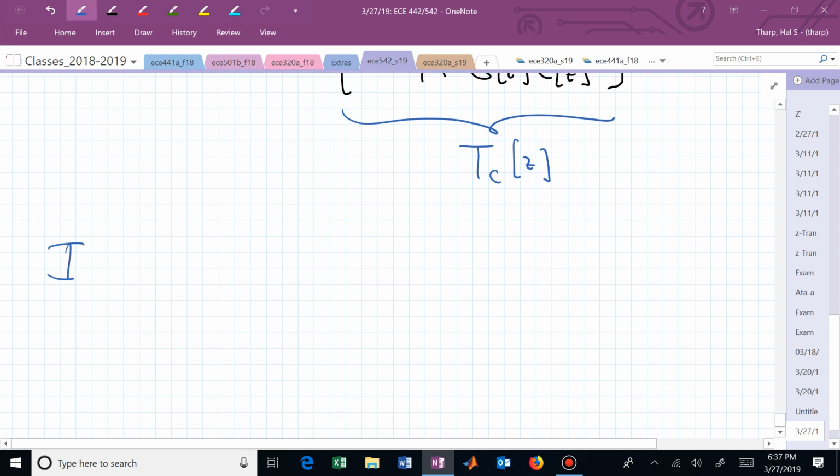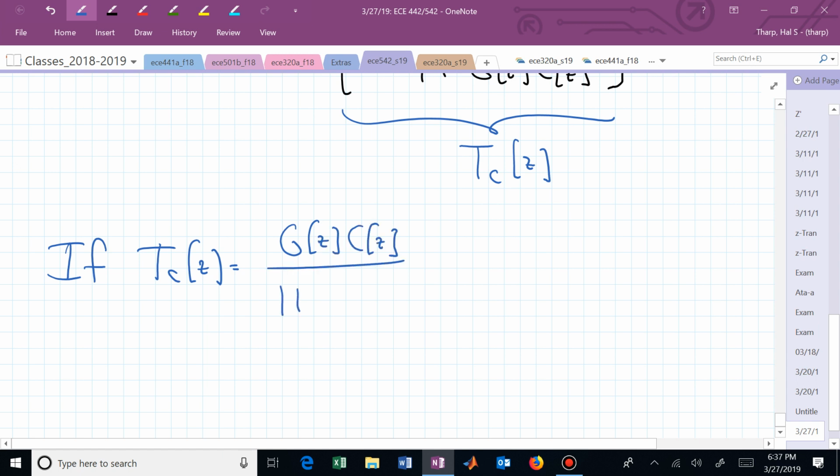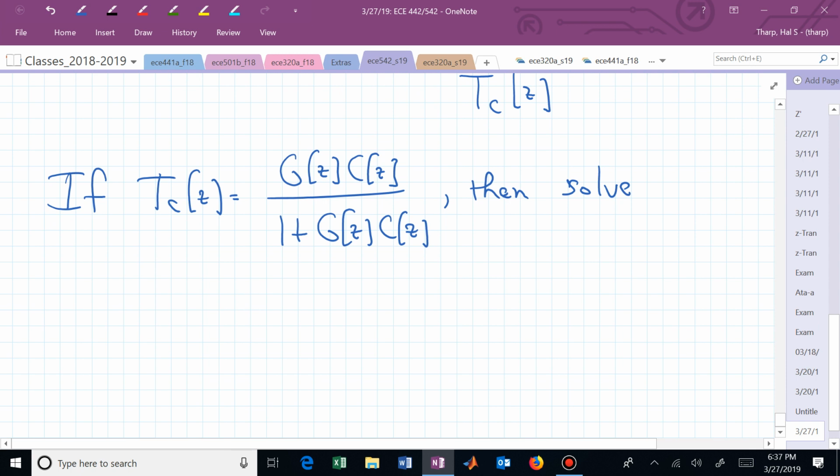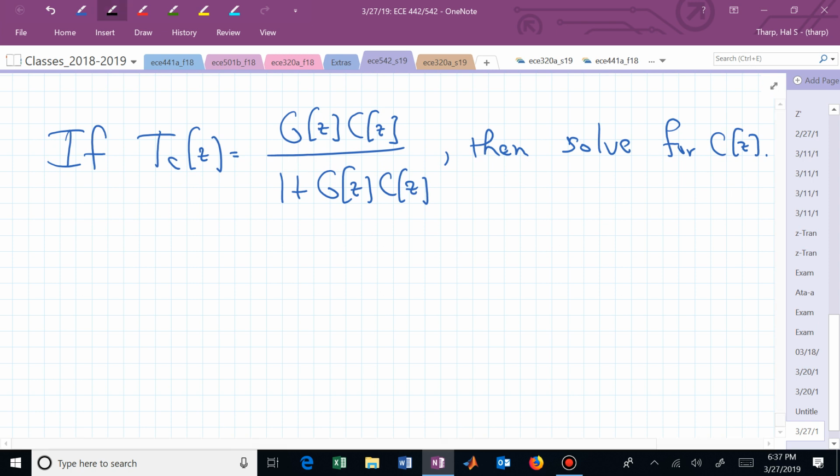If T sub c of z is in fact equal to G of z, C of z over 1 plus G of z, C of z, then we should be able to solve for C of z. To do that, first let's get rid of the fraction. Let's multiply both sides by 1 plus GC.